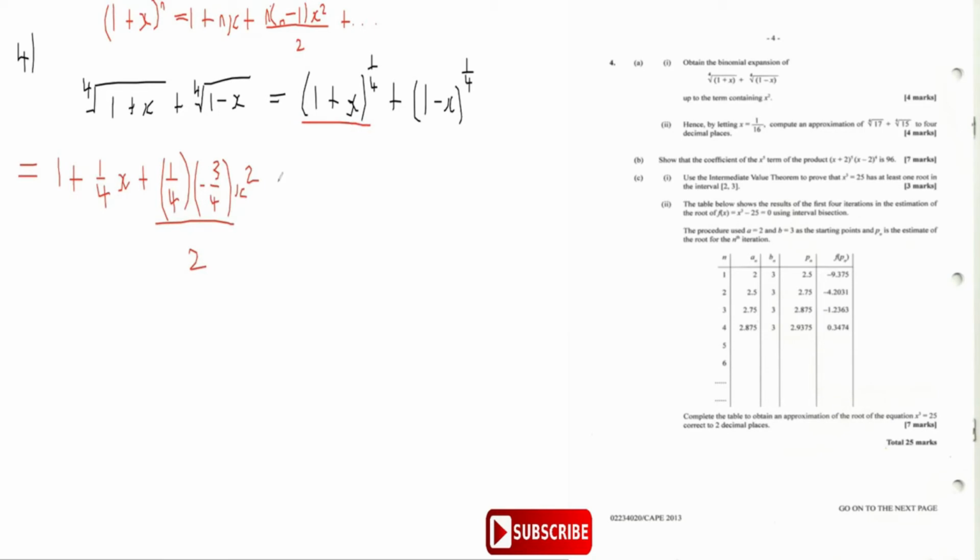Then we're going to need plus 1 plus nx. In this case, n is a quarter and x is minus x. That's going to be plus a quarter of minus x plus a quarter of n times n minus 1.